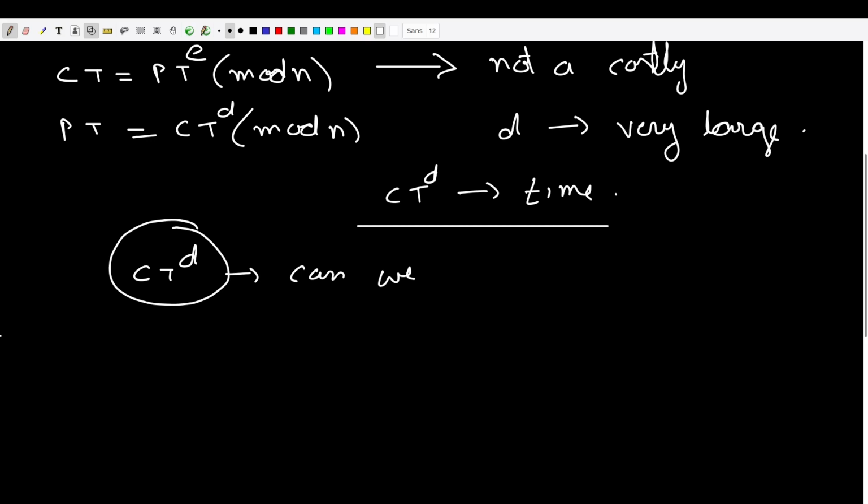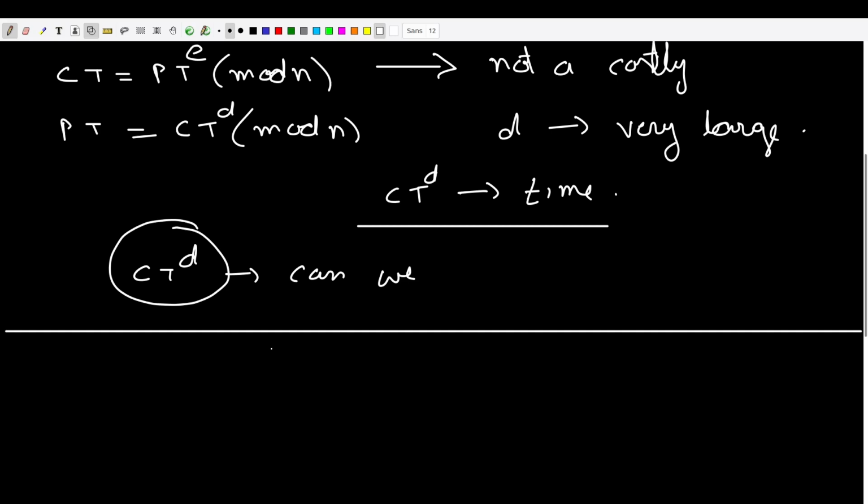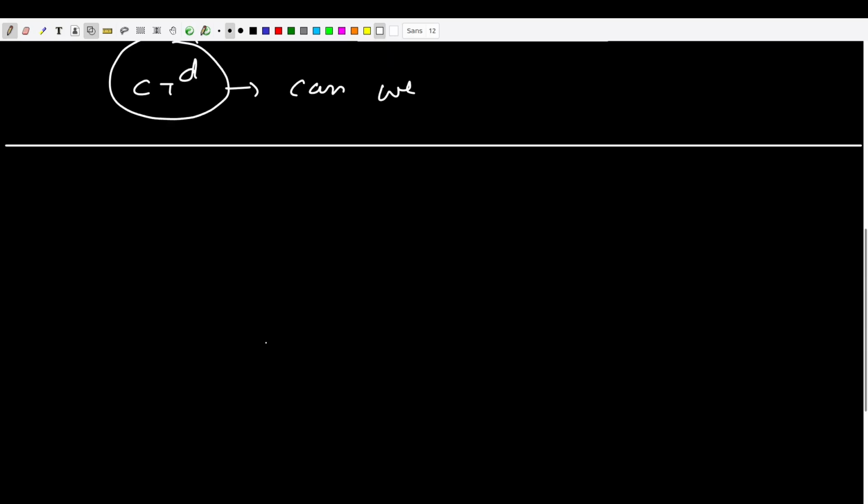So now let us look at how we can perform ciphertext to the power d efficiently, or how we can optimize it. Okay, so for this let us take an example. Let us assume that p is 7, q equals 11.